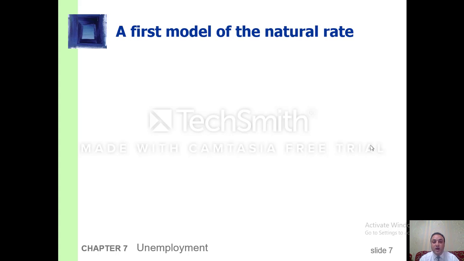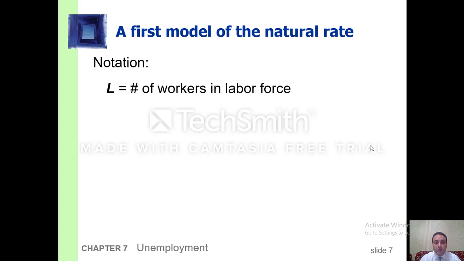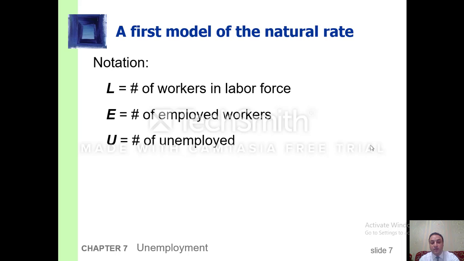So we now have our model of the natural rate of unemployment. We can see the notation of this model as we used before. L is the total number of workers in the labor force, which consists of, if you remember, the employed people, E, the number of employed workers, and U, the number of unemployed people.